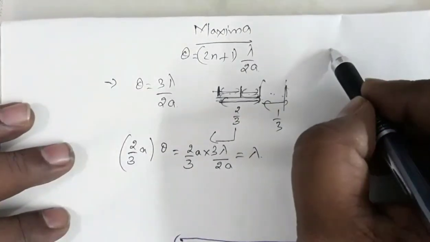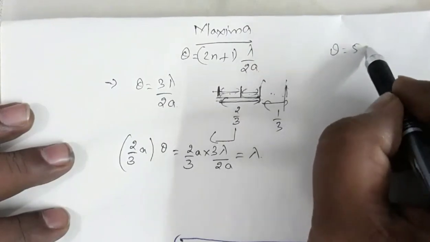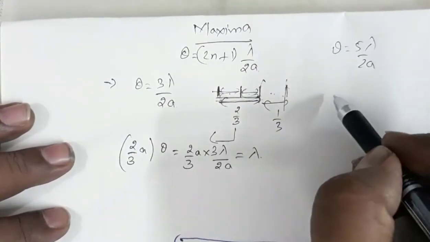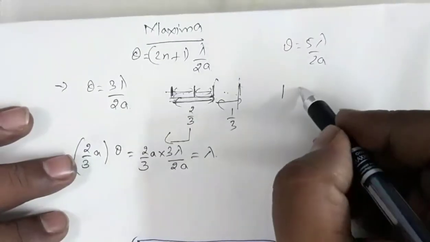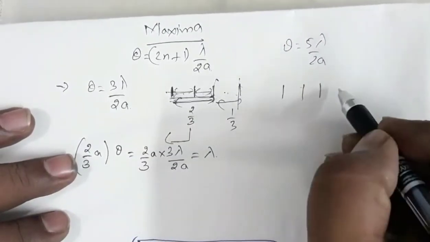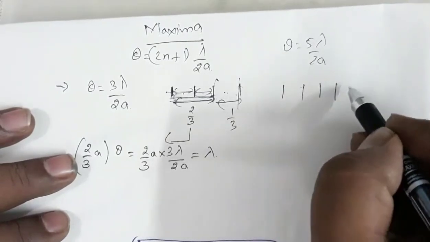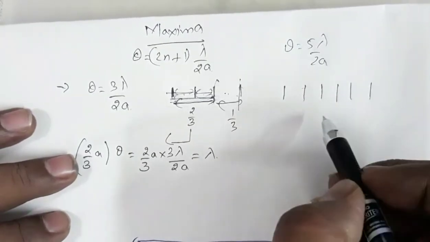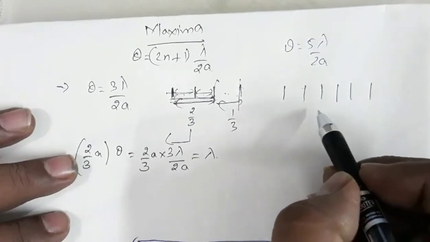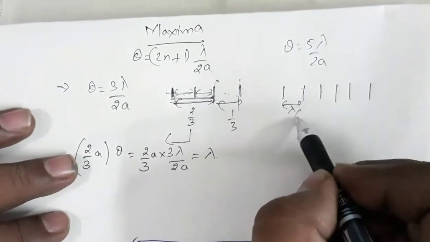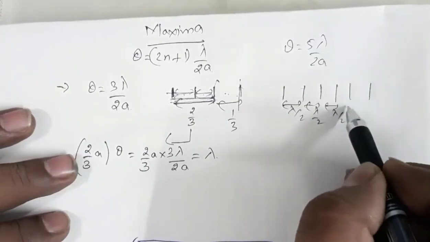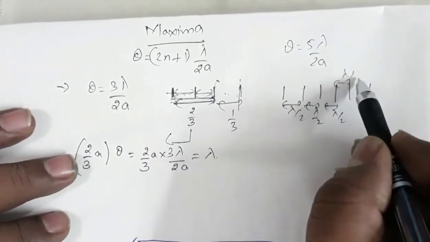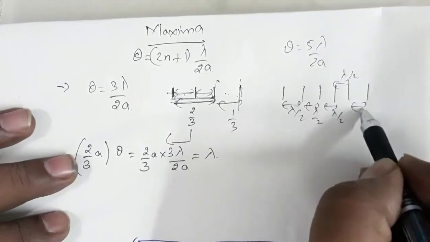Similarly, for n equal to 2, theta is equal to 5 lambda by 2a. So now the slit will be divided into 5 parts, and each part is lambda by 2.